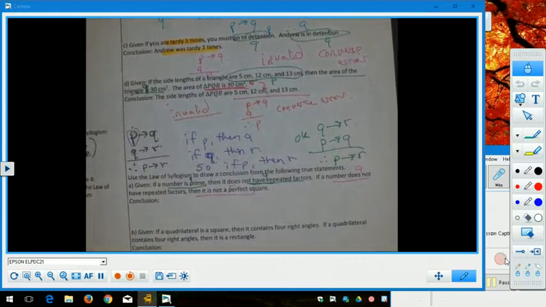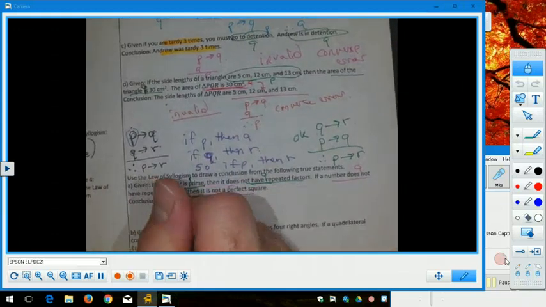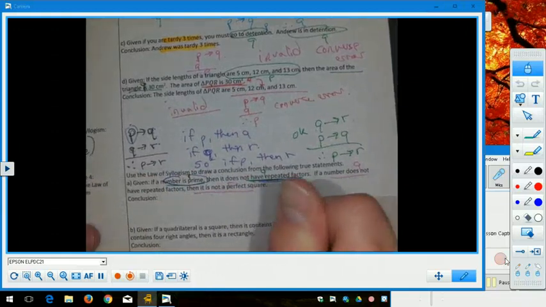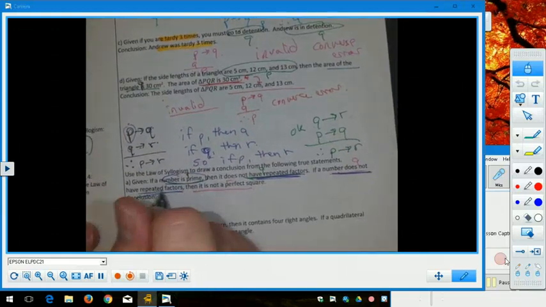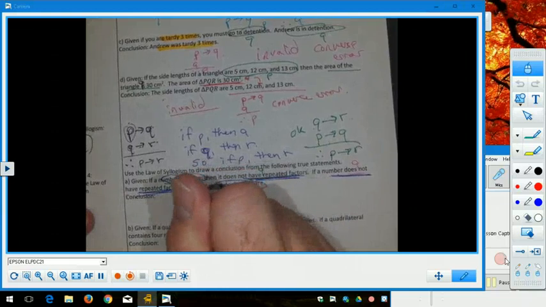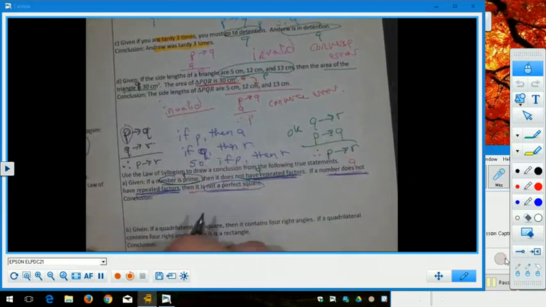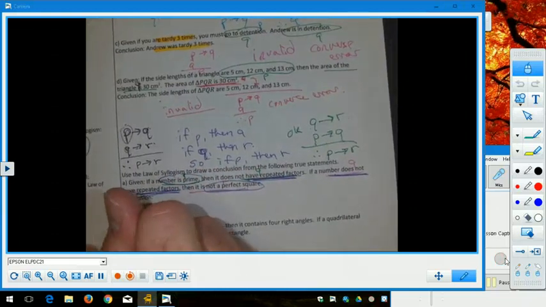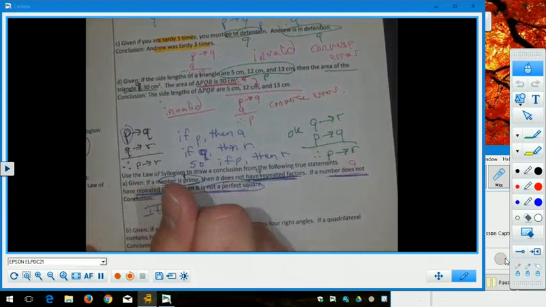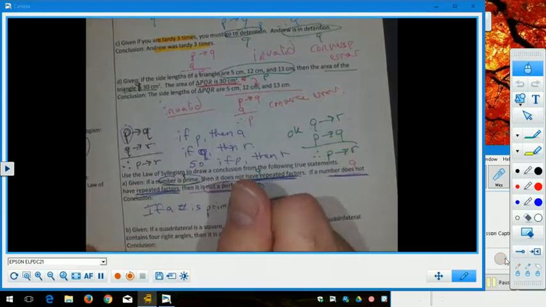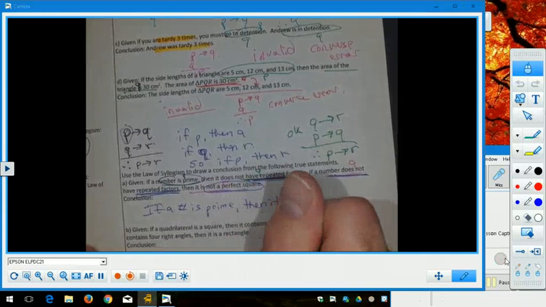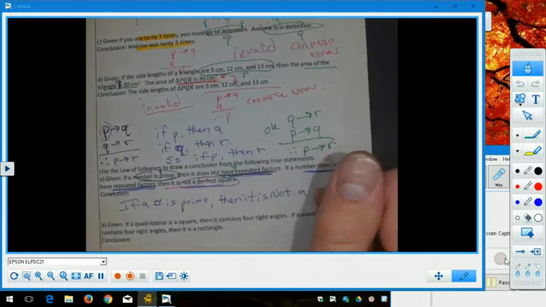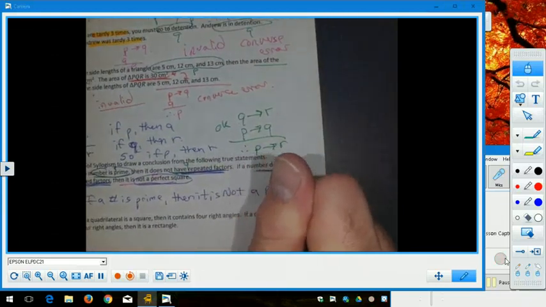That's R. So we're starting with the number being prime. The connector is not having repeated factors, and we're ending at perfect square. So our conclusion is, if a number is prime, then it is not a perfect square.